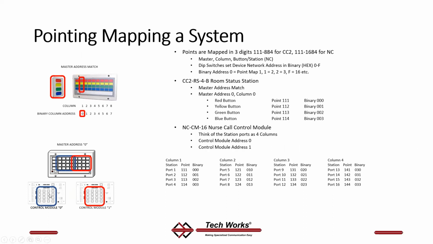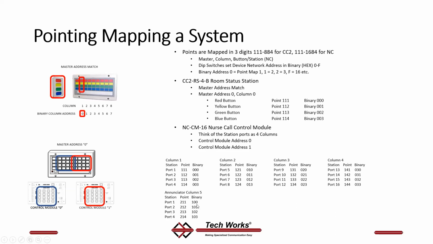It can be any combination of control modules in sequence. So the master address that matches is always going to be the one on the left. The next one in numeric order is always going to be the one on the right.